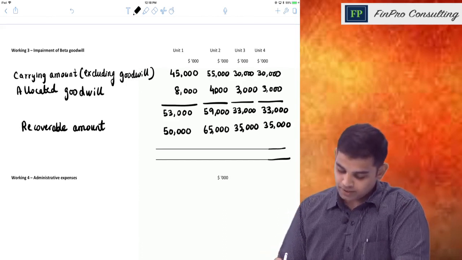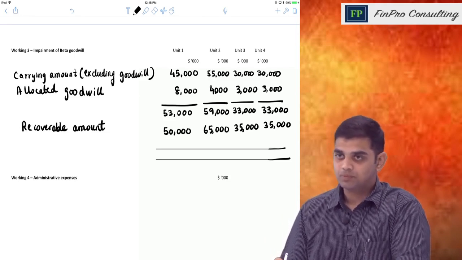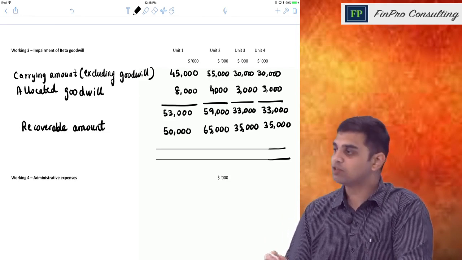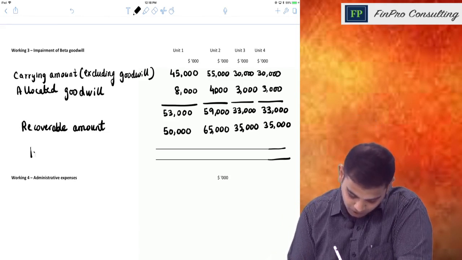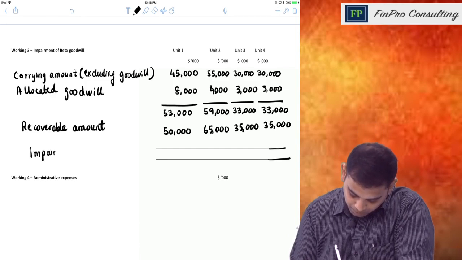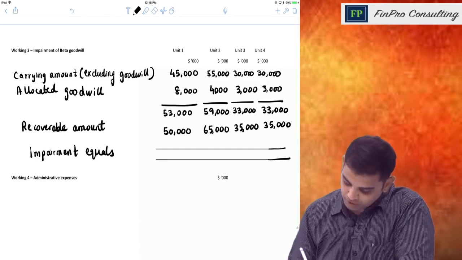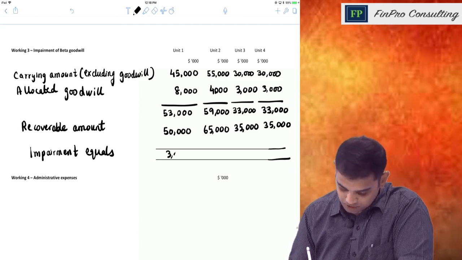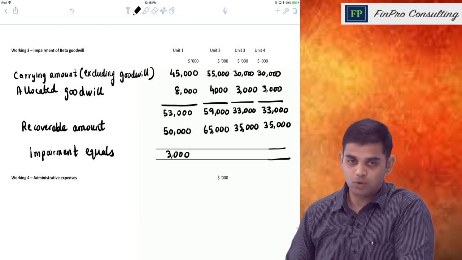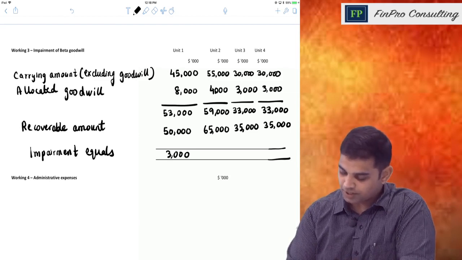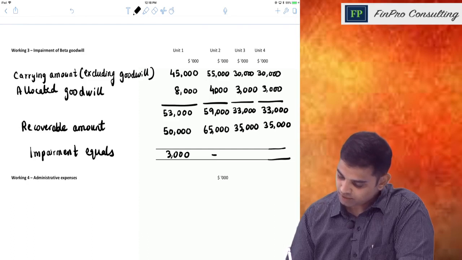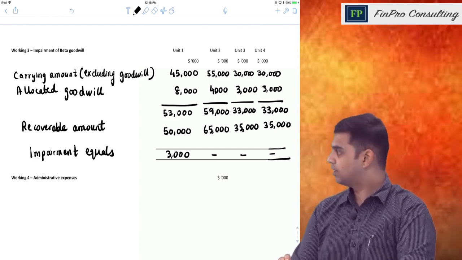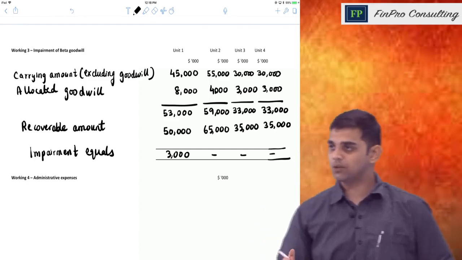Right. So whether there is impairment in unit 1? Yes, because carrying amount is more than the recoverable value. Right. So there is an impairment of 3,000. Impairment equals, in unit 1, 3,000 because carrying amount is more than the recoverable. Unit 2 no, dash, unit 3 dash, unit 4 dash. So only impairment is required in unit 1.